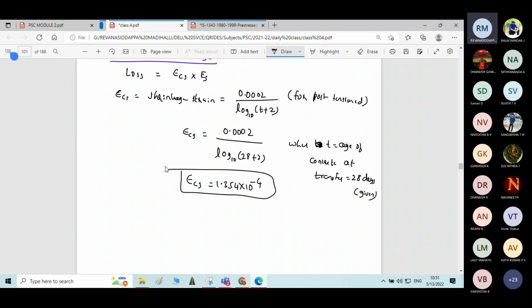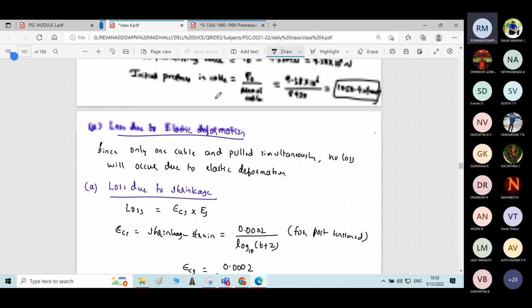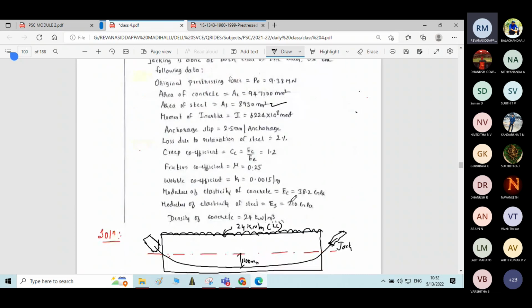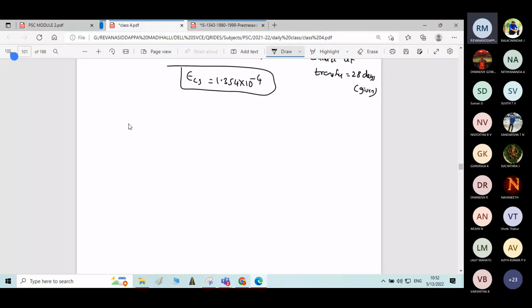That is the shrinkage strain coefficient. Now Young's modulus of steel, how much is it given? Es is given as 210 gigapascal in the problem. 210 giga means 10 power 9.